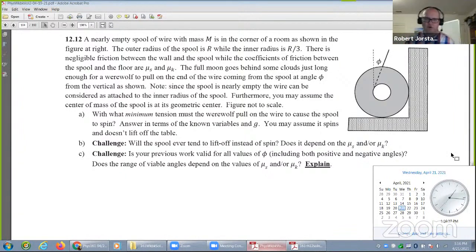Tell you what, I'm going to get a glass of water. Try to draw the FBD without looking at the solution just to see if you can get it. And then we'll know that you're starting to get this.